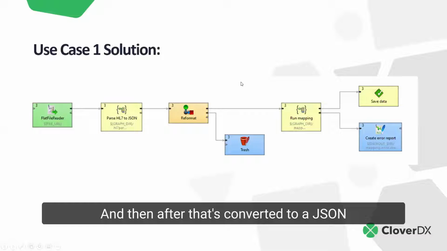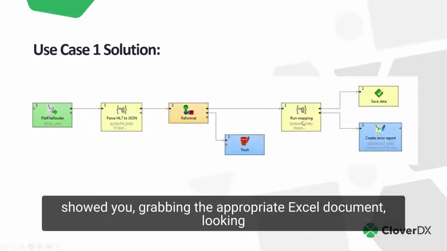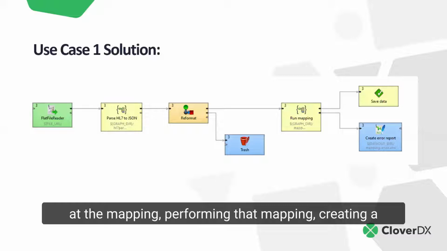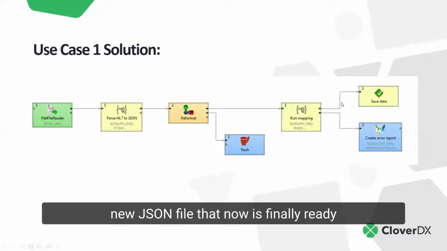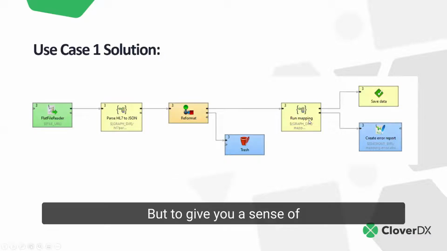And then after that's converted to a JSON structure, we run the mapping that I just showed you, grabbing the appropriate Excel document, looking at the mapping, performing that mapping, creating a new JSON file that is finally ready for processing and pushing downstream. So very easy to design the pipeline here. Some detail, of course, is hidden in these two yellow boxes where we do the parsing, but to give you a sense of the data flow and how it's extensible.